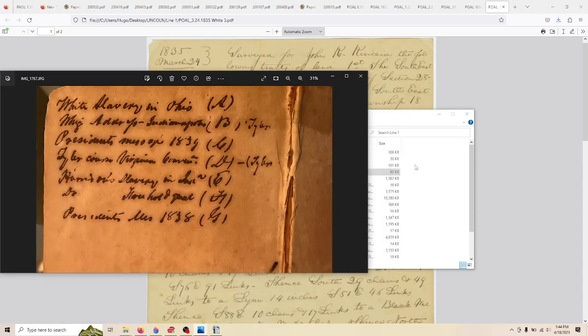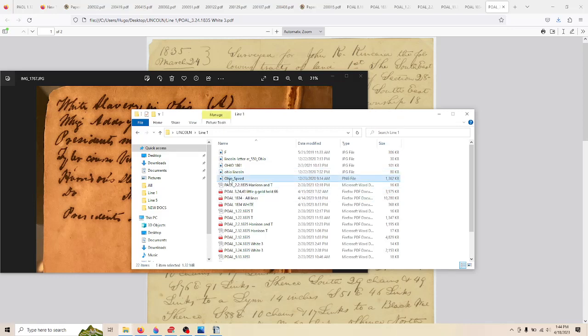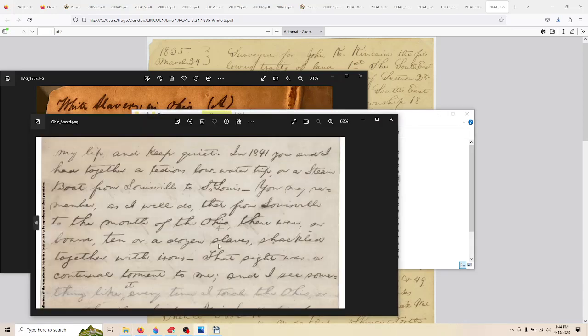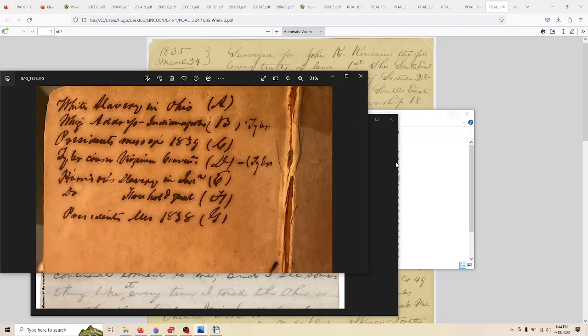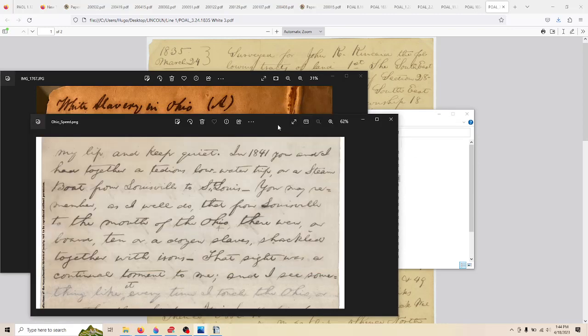How about another sample? Ohio's real easy to find. Pops up many places in his writings. Ohio.